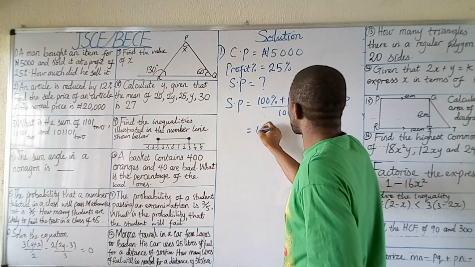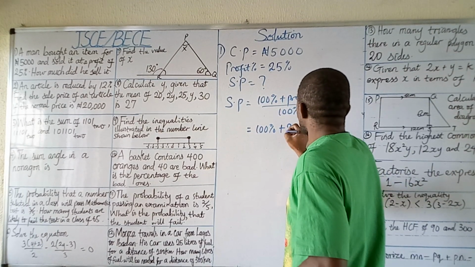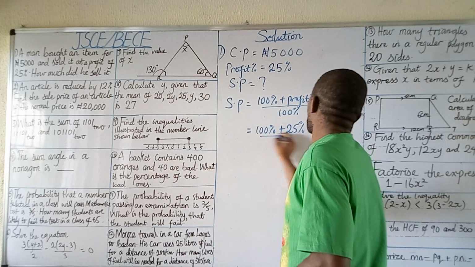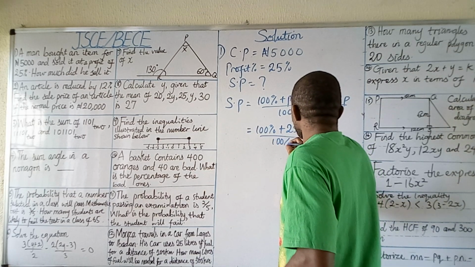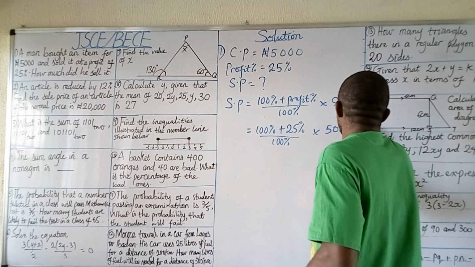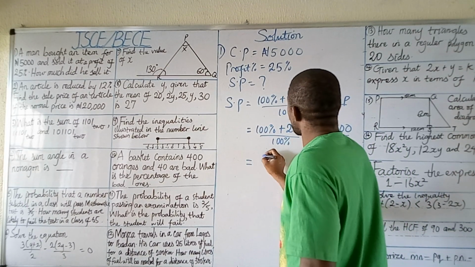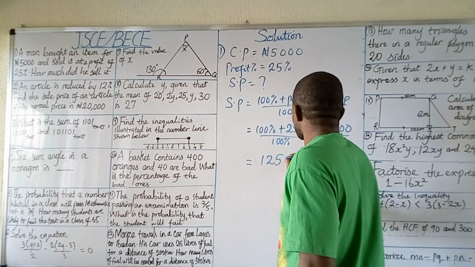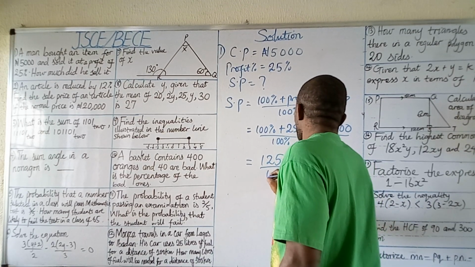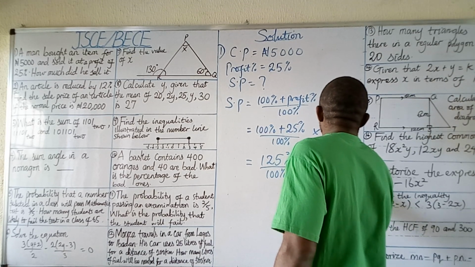We go to 100% plus the profit percent given to us, 25%, all over 100% times the cost price given to us, 5,000 naira, all over 1. So this will now turn to be 125% all over 100% times 5,000 over 1.